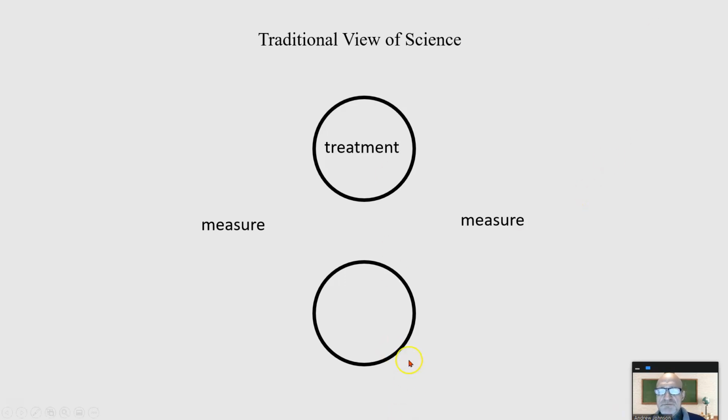You have two groups. You conduct a study. You measure them before the study. You have some sort of treatment to one group and not the other. The two groups are the same in every respect except for the treatment, and then you do a post measure after the study.